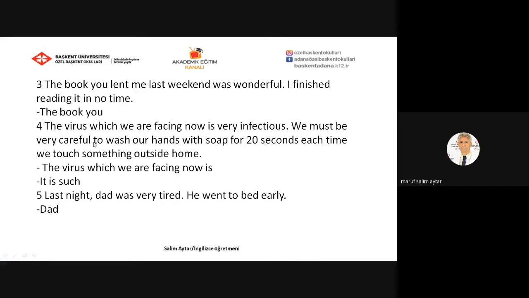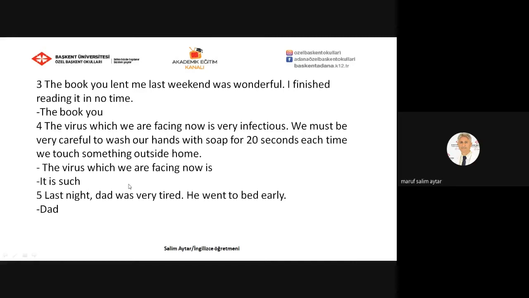We must be very careful to wash our hands with soap for 20 seconds each time we touch something outside home. So the virus which we are facing now is blah, blah, infectious, that, and try to finish it, please. Or it is such blah, blah virus that, okay?